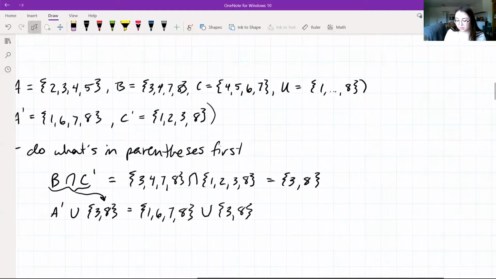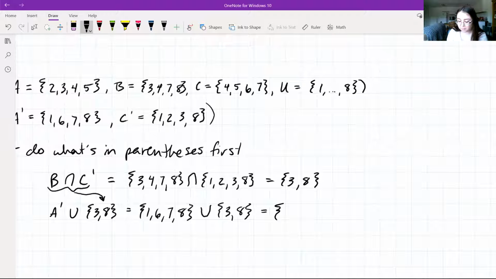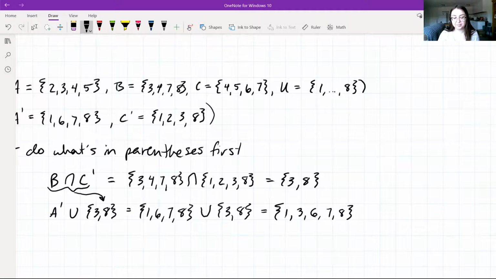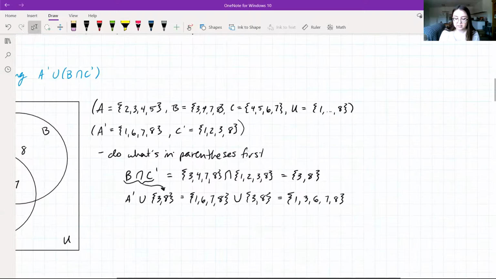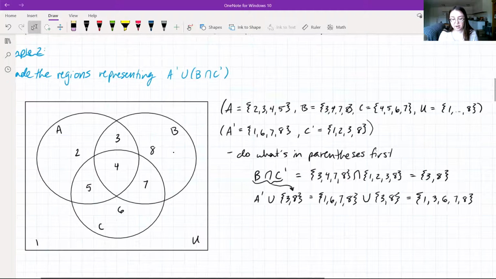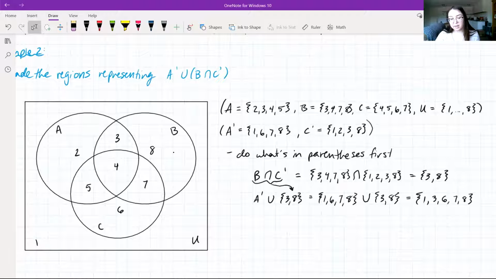So what we do is combine these, and we get to write 1, 3, 6, 7, and 8. So this is going to be our final answer, because now we know that this is our set if we take A prime union the intersection of B and C prime. So when doing problems like these, it's always important that you do whatever is in the parentheses first, and then you just take that answer and finish the problem.